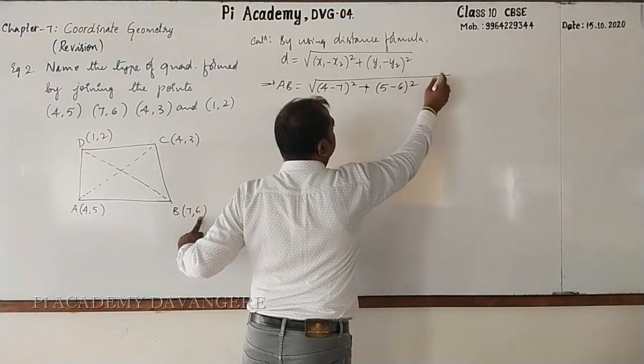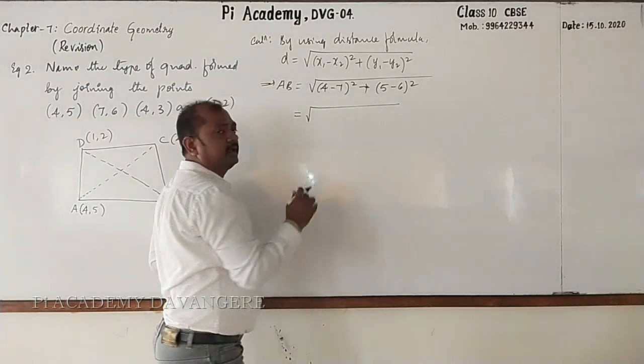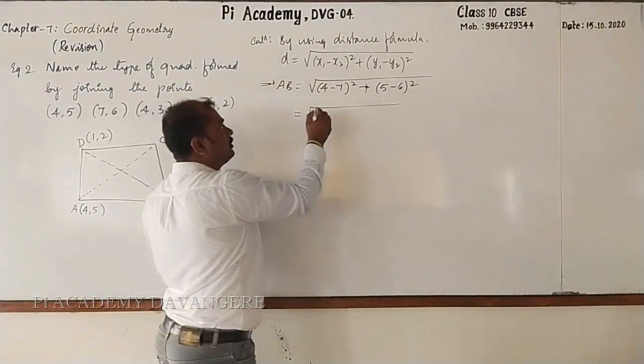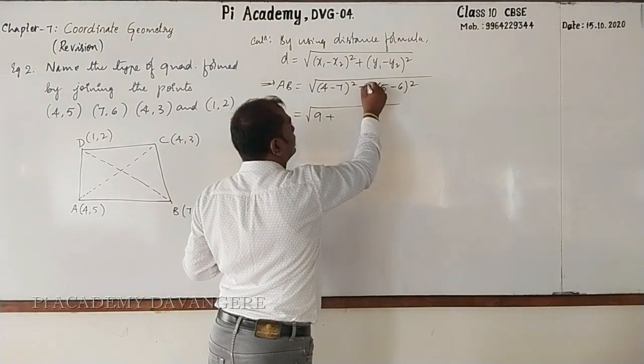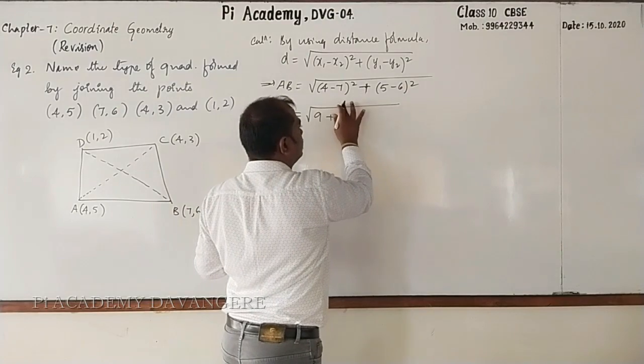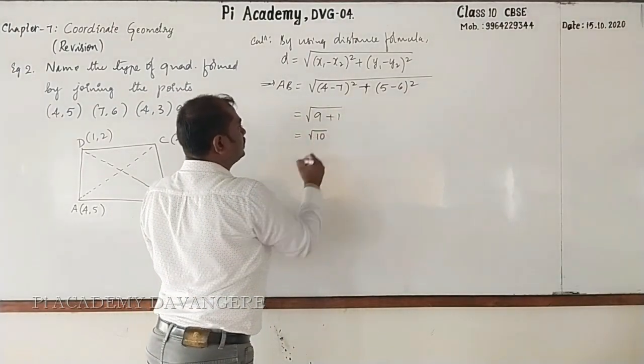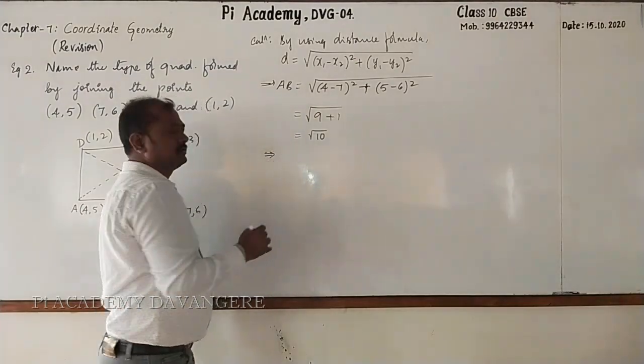This is equal to square root of, what is 4 minus 7? Minus 3. Minus 3 whole square is 9, plus 5 minus 6, minus 1. Minus 1 whole square is 1. 9 plus 1, it is square root of 10. Let it be as it is.